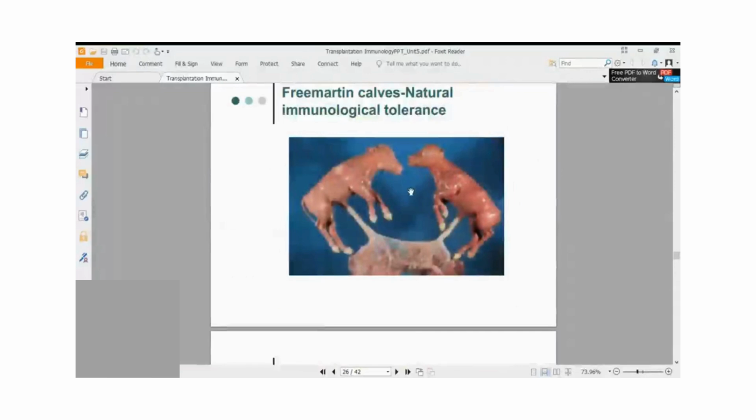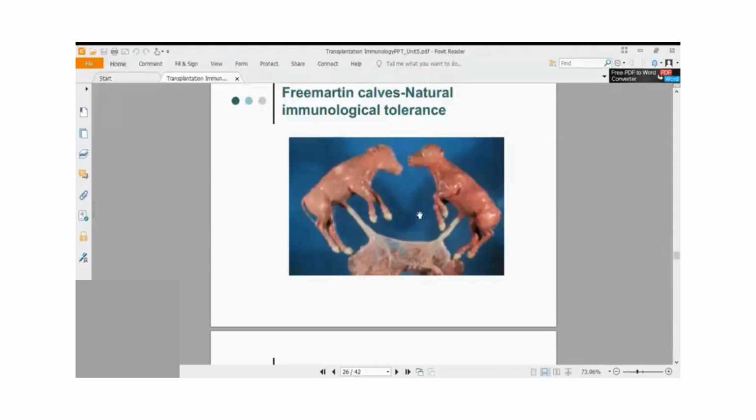And in the case of human beings also, the fraternal twins, if they have a single placenta and are connected to that single placenta with umbilical cords, those fraternal twins also can exchange grafts very easily, because they will have developed a tolerance to each one's antigen.